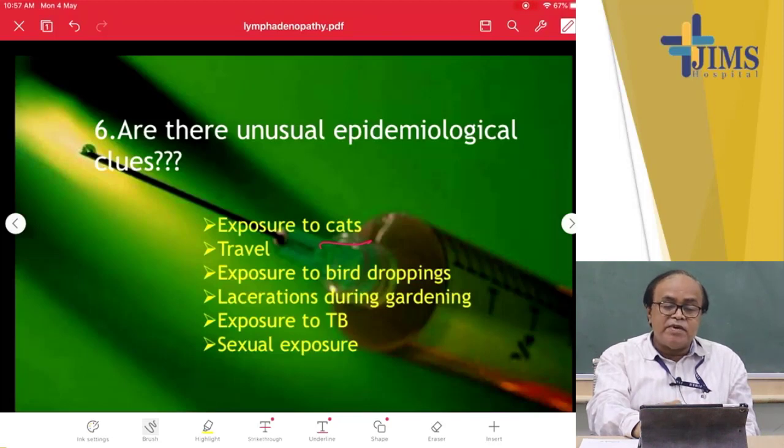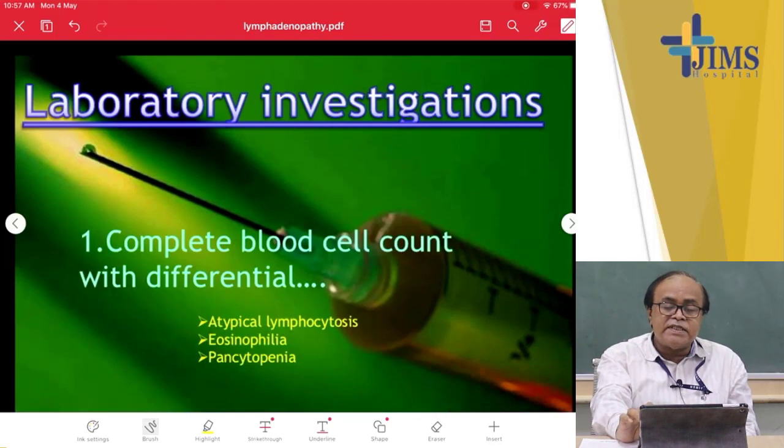So, travel history is very important. Exposure to bird droppings, laceration during gardening, exposure to tuberculosis, whether family members or working atmosphere having another TB. So, there is history of tuberculosis, sexual exposure for syphilis, etc.